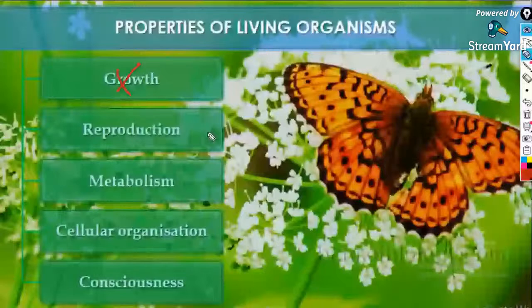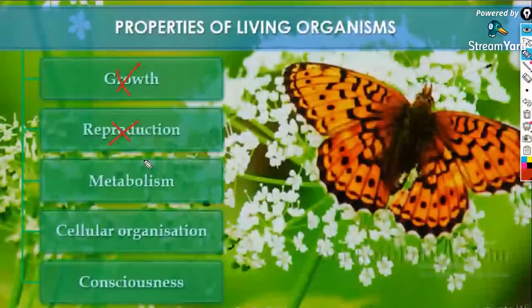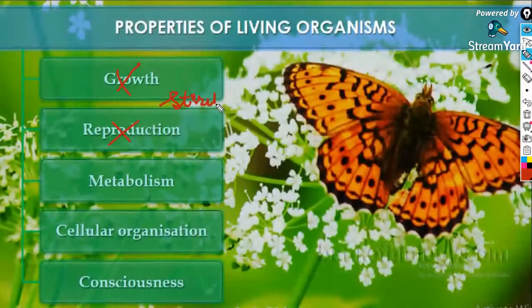Reproduction can also never be considered a property of a living organism, because there are certain living organisms such as mule, worker honeybees, liger, tiger. All these organisms do not reproduce. You will be calling them sterile. They are not capable of the property of reproduction.